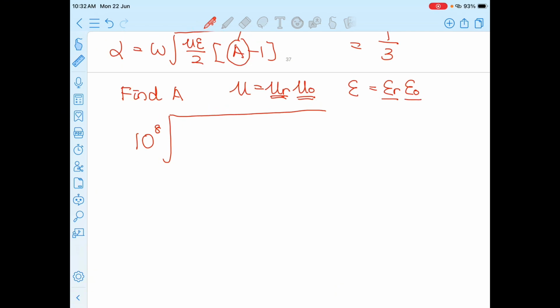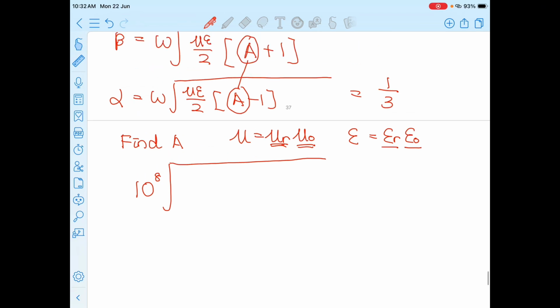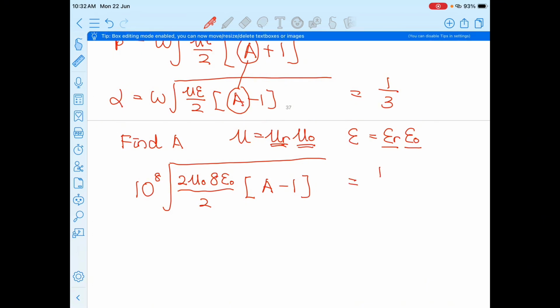You can get it from a calculator. Now I will replace the values here. So it's 2 mu naught, 8 epsilon naught, divided by 2, and then A minus 1 equals 1 over 3.